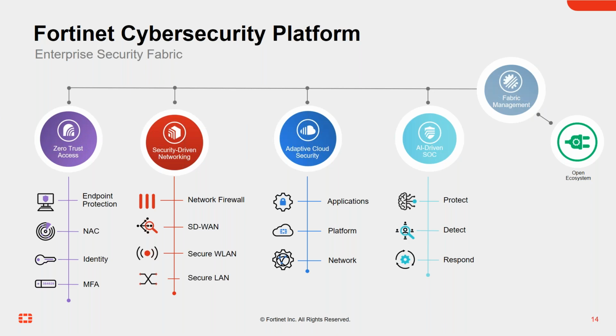We also need to have situational awareness from different open ecosystems to be able to respond appropriately to risk. Therefore, what I'm saying is Fortinet's not the end-all be-all. You can use your existing environment, but then embrace the ability to respond to situational risk appropriately.